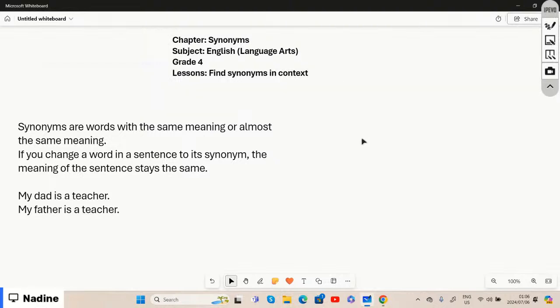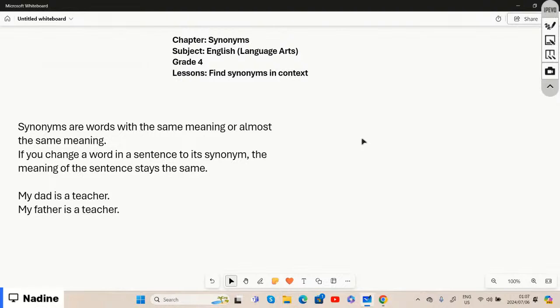All right. So we say that with synonyms, the words are either the same in meaning or almost the same in meaning. Which means that if we have a specific sentence, even if I were to change a word in the sentence and add a different word that's a synonym of that word, the sentence will still stay the same.